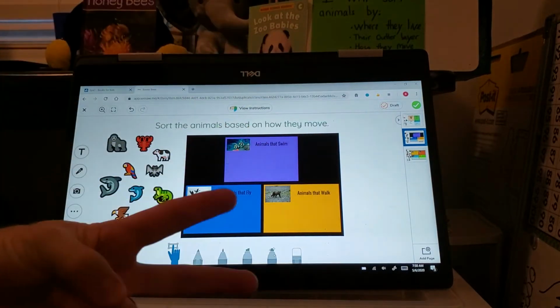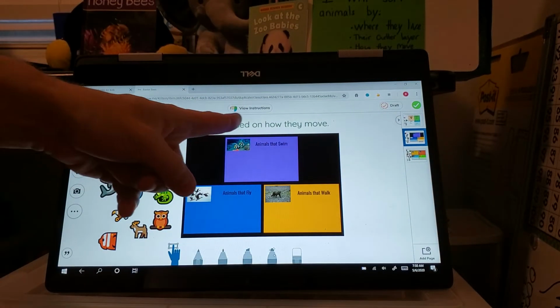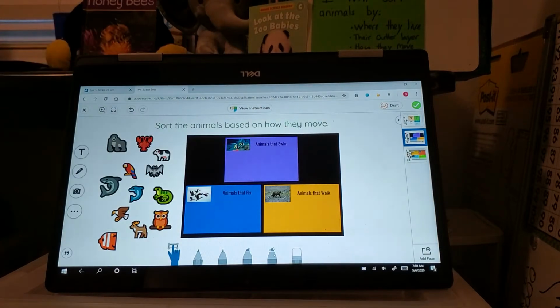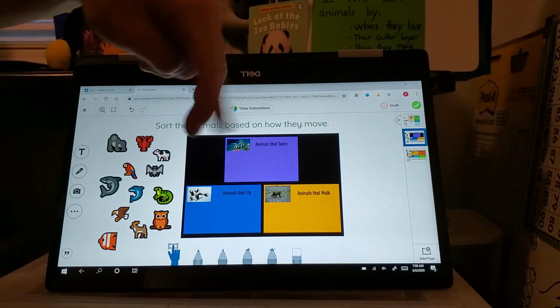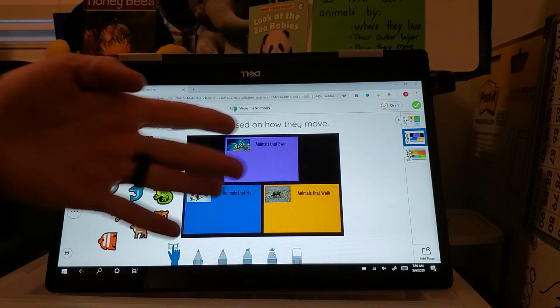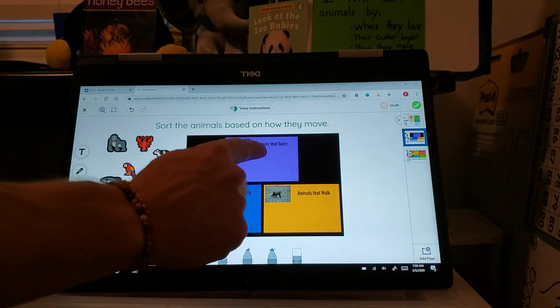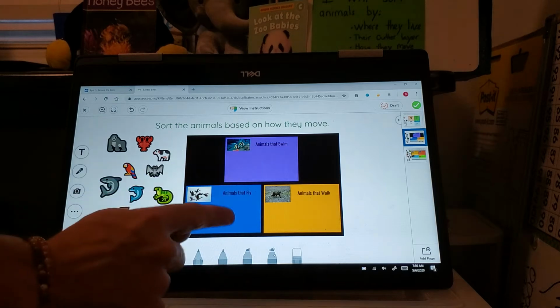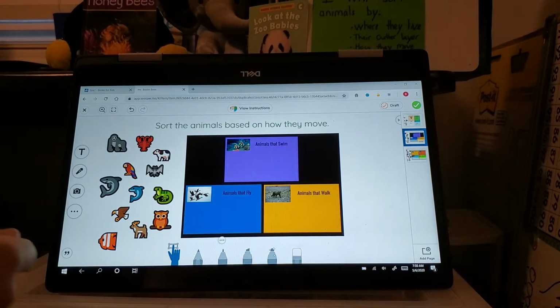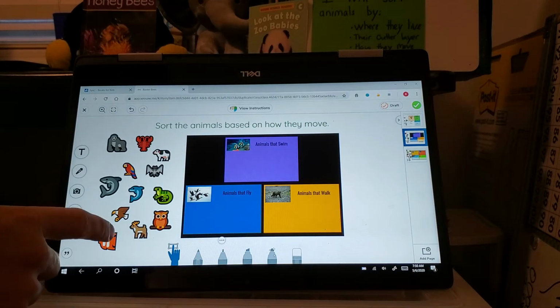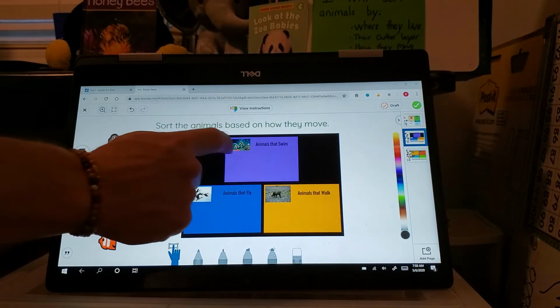The second page, it says sort the animals based on how they move. Remember, some animals crawl, some animals walk, some animals fly, some slither. So here it says animals that swim, animals that fly, and animals that walk. All of the animals here will swim like a shark.